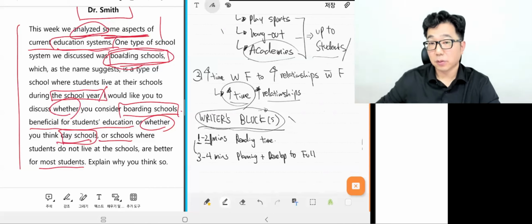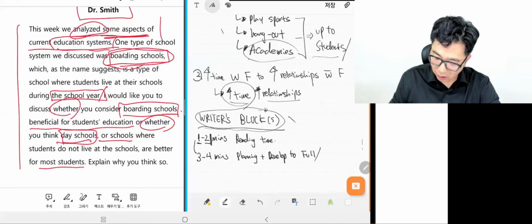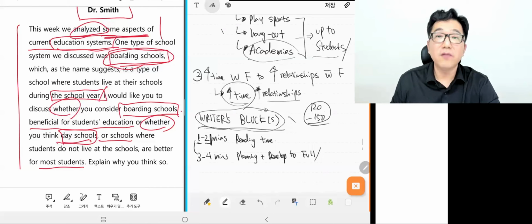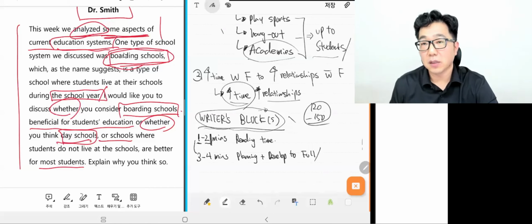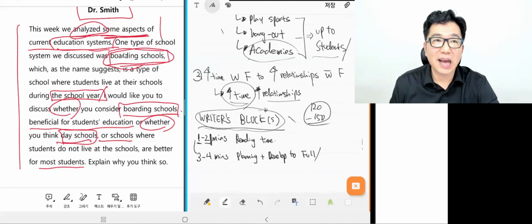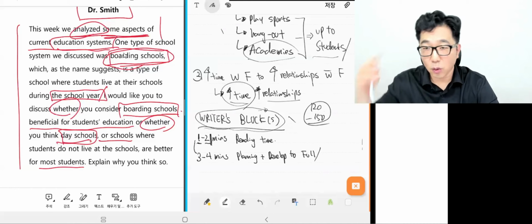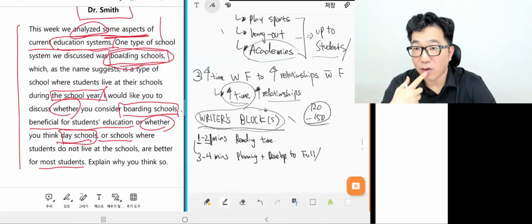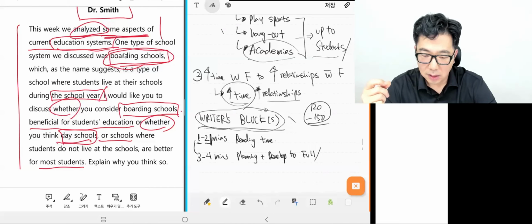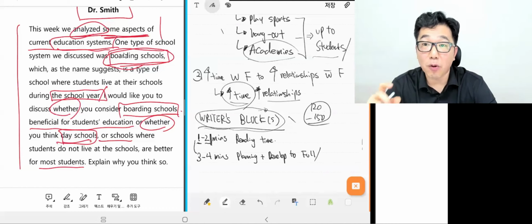And 120 words, 150 words, or 200 words, if you know what to write, you should be able to write within 2 minutes, okay? If you cannot write 150 words, like it's already in your head, within 3 minutes, then it's not writing that is the problem.